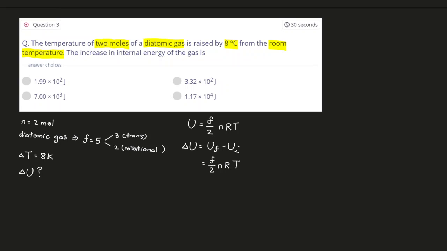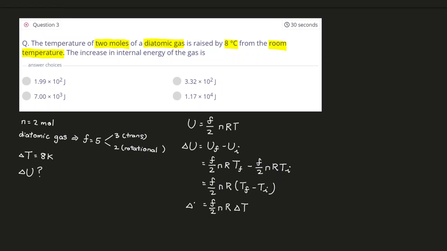The only thing that changed is the temperature. Yes, they say the temperature is being raised. So you have the final, then you minus the same thing with the initial temperature. If I do a bit of factorization, that will be Tf minus Ti, and Tf minus Ti is just the change of temperature, so it's delta T.